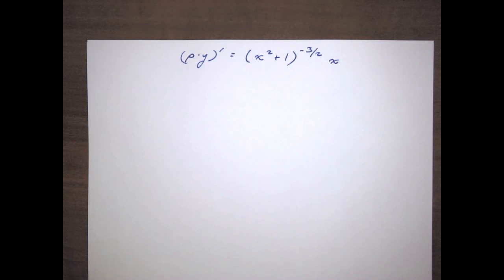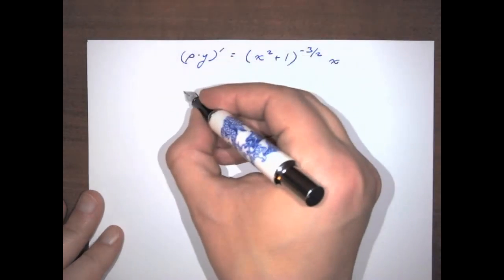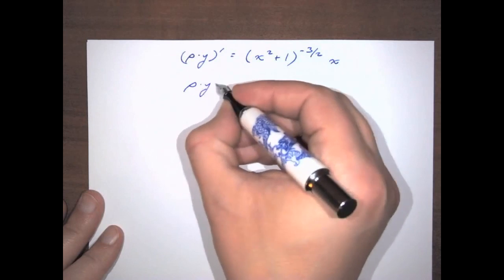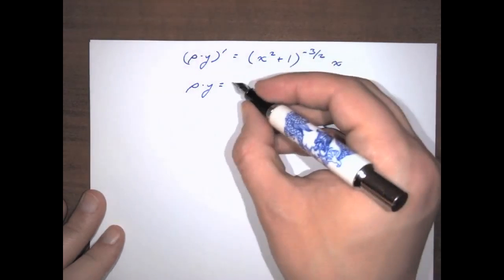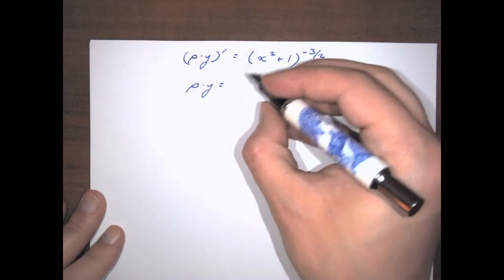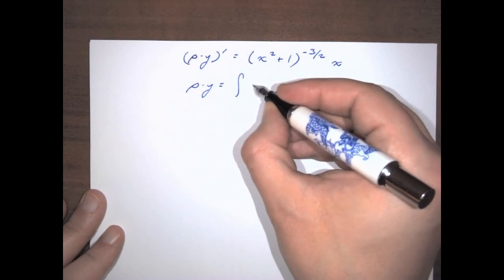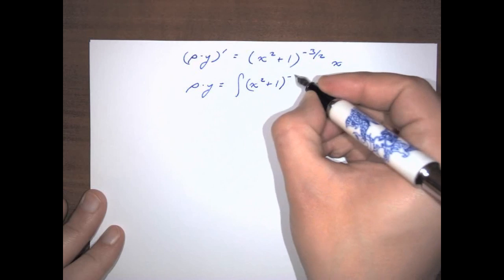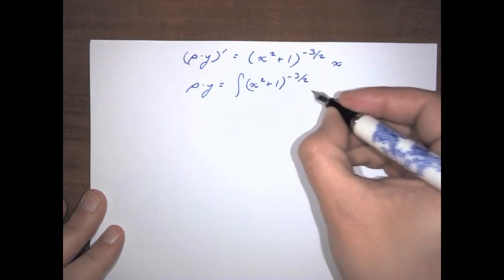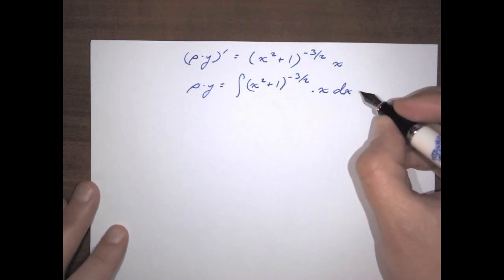Now we want to anti-differentiate in order to get rid of this derivative. So we're going to have rho times y is equal to the antiderivative of x squared plus 1 to the negative 3/2 times x dx, and then there's going to be a plus c.